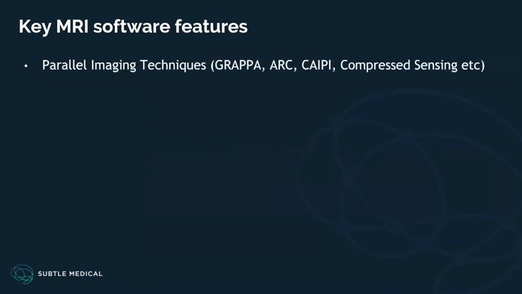The first one is the parallel imaging techniques. There are multiple different parallel imaging techniques available. They are one of the most robust software technologies, which has become ubiquitous and has wide applicability across different clinical areas. A newer technology is called synthetic MR. We'll go into this quickly.